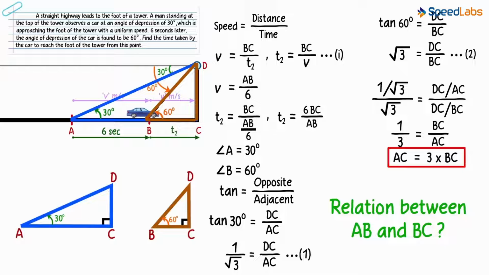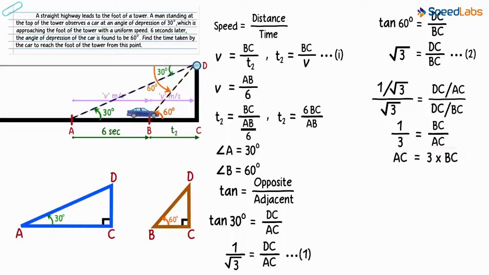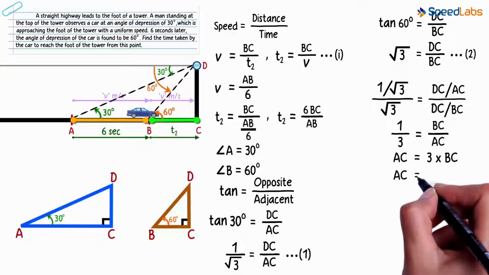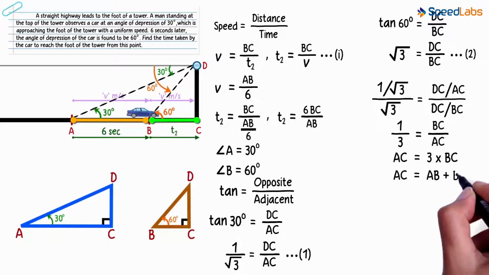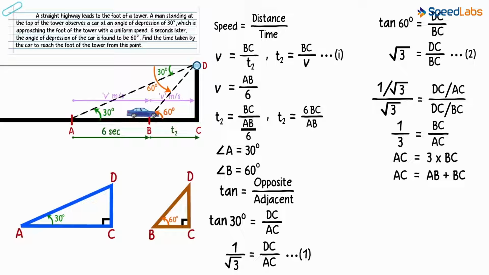We need to get AB into the picture. How do we do that? Notice that line AC is divided into two lines, AB and BC. It tells us that the length of AC equals length of AB plus the length of BC. Substituting this in the above equation and solving it further, we will get AB equal to 2BC. So finally we have that relation between AB and BC which we're looking for.